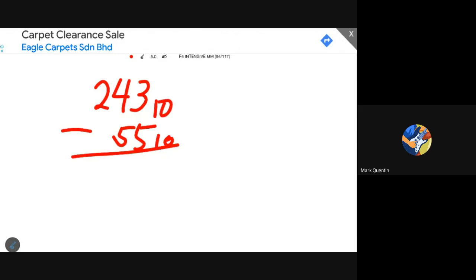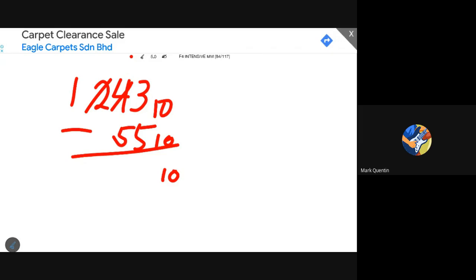So now, how will you solve? What is your first step? If you are doing it manually, how do you start this kind of question? Yes, borrow. Use the borrowing method. It means you borrow from here. Cancel 2 to become 1, and then you move over here. Cancel again, borrow from the left number.